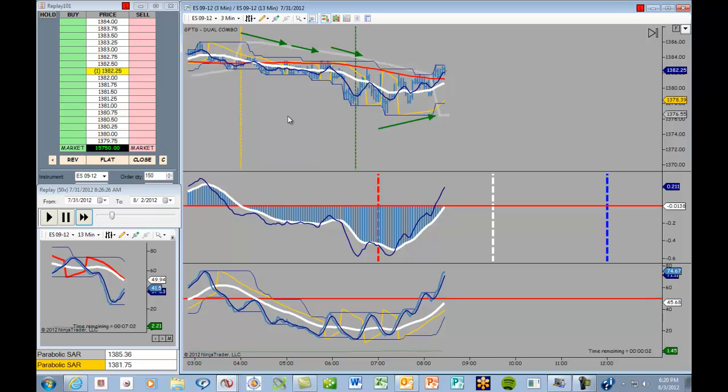Now this is a corrective move, so it looks like it's going to sell off again.